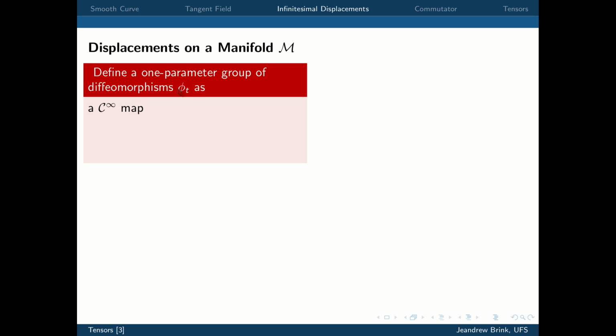And so the way we define that is we say it's phi of t is a C infinity map that maps R cross M back onto M. Okay, so it's a clever structure. We don't tell you what the map is, we're just working with the abstract idea of the map.